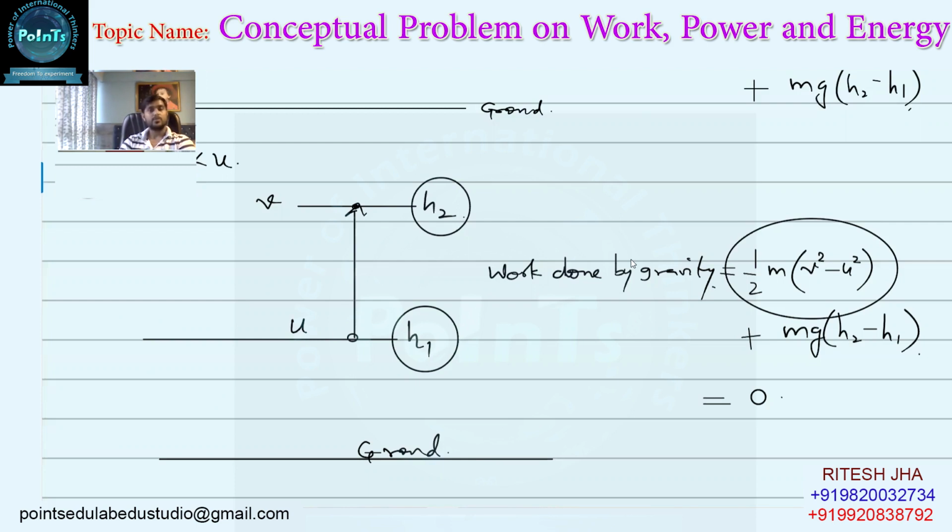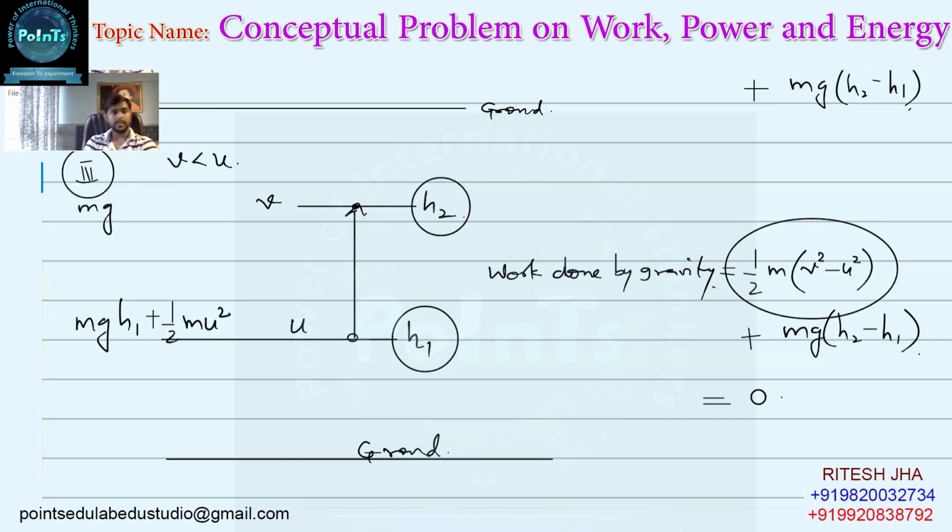Because u squared is greater than v squared, they cancel out, and overall change in energy is zero. There is no change in energy, the energy is being conserved. Over here, mgh1 plus half mu square, and over here mgh2 plus half mv square, and they are equal to each other.